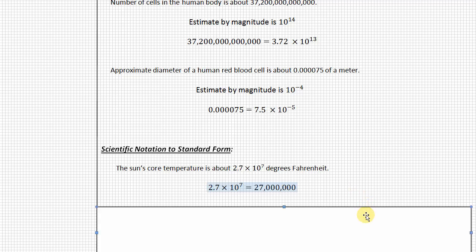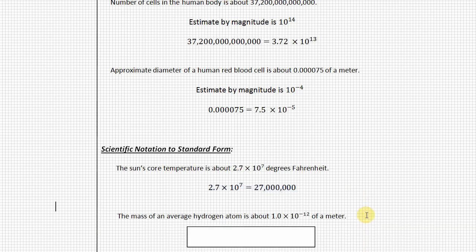Let's try one last one. The mass of an average hydrogen atom is about 1 times 10 to the negative 12th of a meter. So go ahead and see if you can write that from scientific notation into standard notation. Again, I've copied it down already in its scientific notation form.